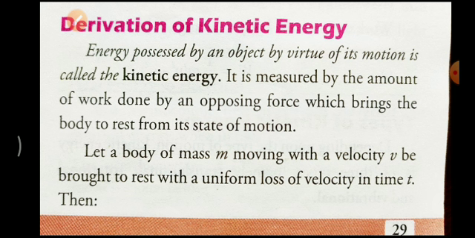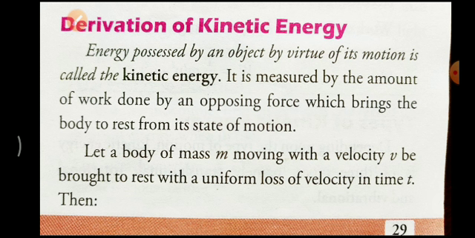So how can we measure this kinetic energy? It can be measured by doing work to oppose the motion and bring it to rest. Because if an object is moving, it must contain kinetic energy. The amount of work required to stop that moving object is the amount of kinetic energy possessed by it.